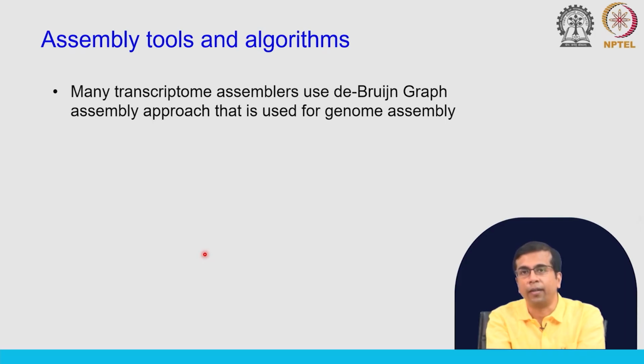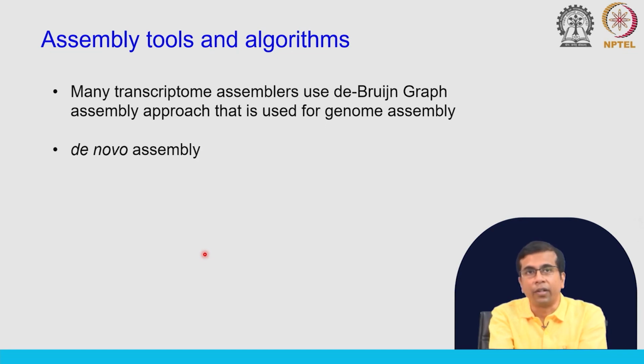There are different approaches for genome assembly, but the predominant one that we use today is the De Bruijn graph assembly approach. We will talk about these approaches, their advantages, their limitations, etc., when we talk about the genome assembly process. It will be enough to know that they use this De Bruijn graph approach, which is a very efficient approach that works very well for genome assembly.